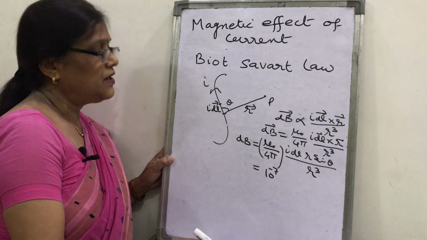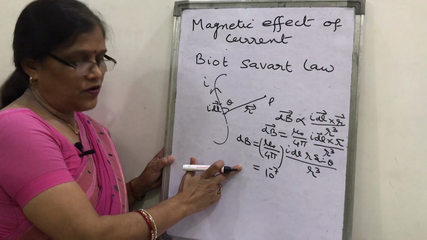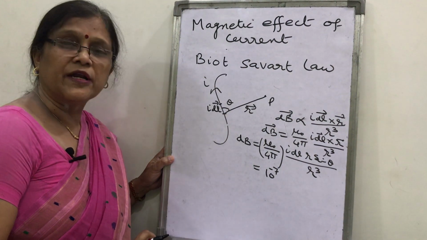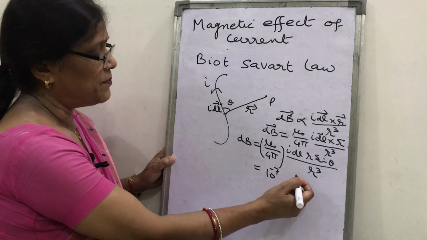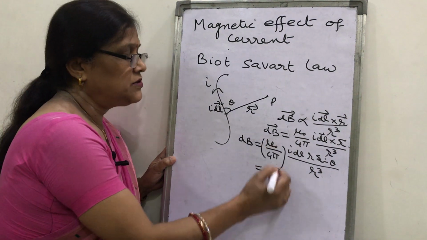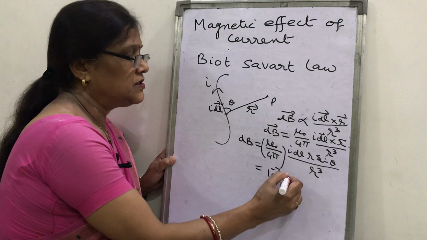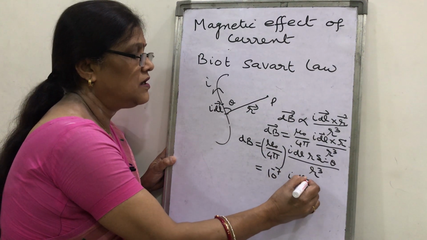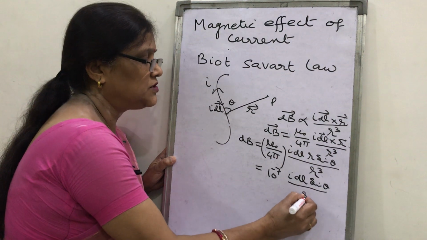How will you define this permeability of free space? That is the degree of magnetization that a material obtains in response to an applied magnetic field. You can also write its value as 10 to the power minus 7, and this I dl sin theta upon r squared.